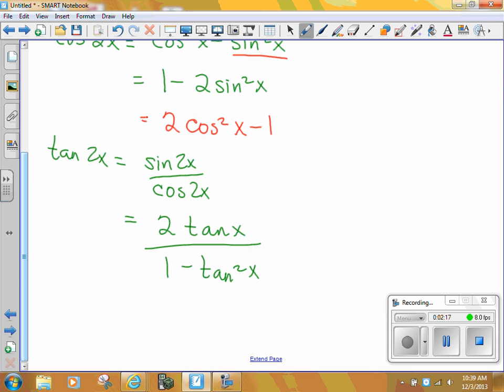If you just had a problem given to you that says, find tangent of 2x, you have not had to find sine of 2x or cosine of 2x before, then you want to use this formula, okay? The other versions of this one, not that we're ever going to use them, but I'm going to show them to you.